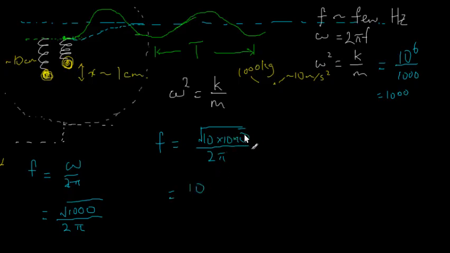For the remaining 10, if I take the square root, it is about 3. Because 3 squared is 9, so it's quite close to 10. And pi there is about 3 as well. Pi is actually 3.14, and the square root of 10 is actually 3.33 and so on.